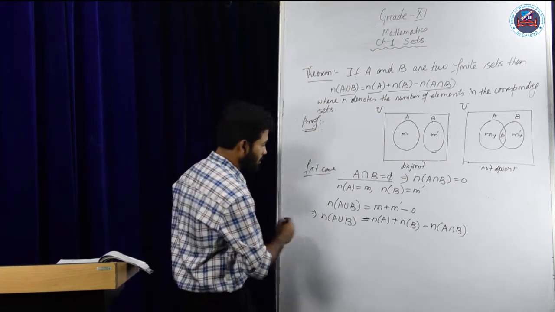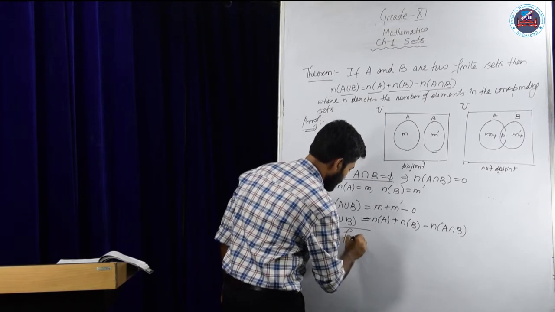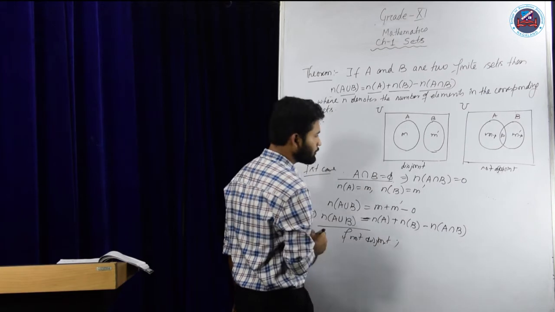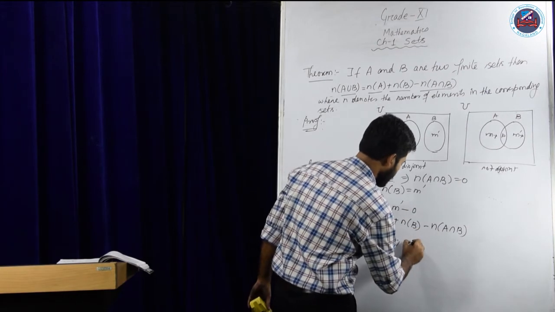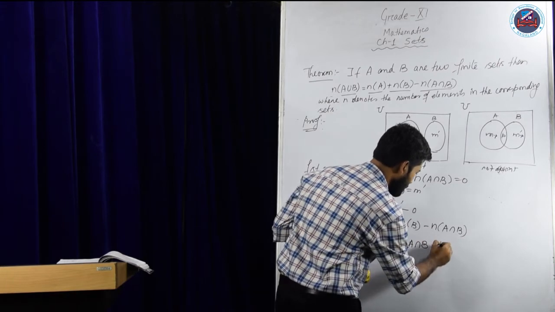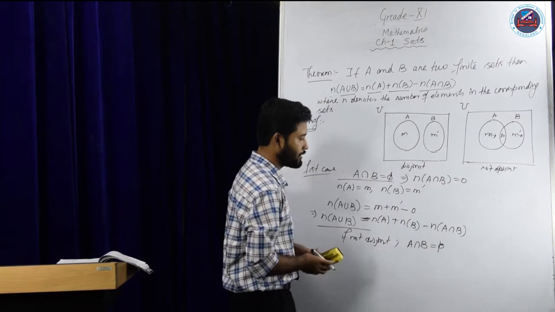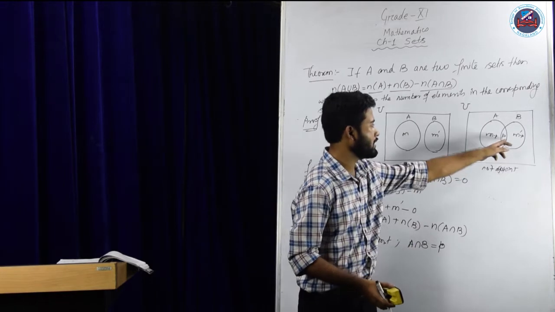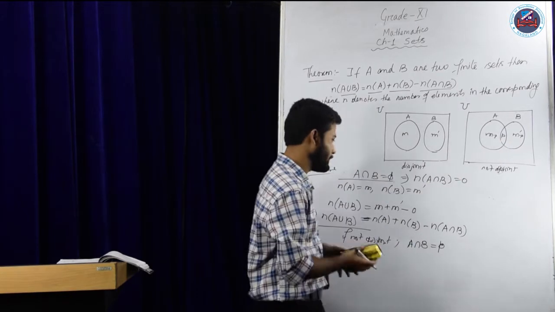Now what if it is not disjoint? If it is not disjoint, then A intersection B will give us some elements, that is p. Let us take the number of elements of A intersection B to be p here. Fine. Okay.